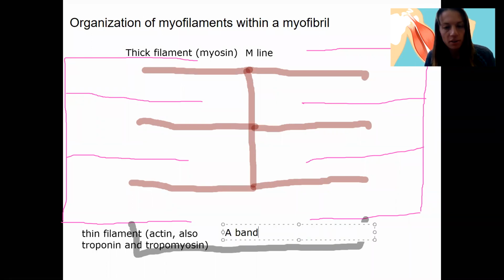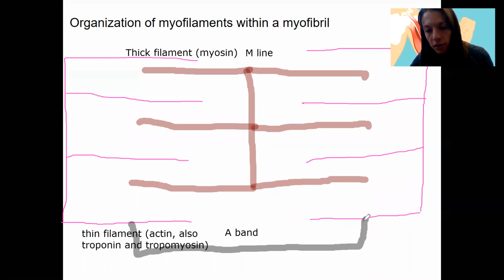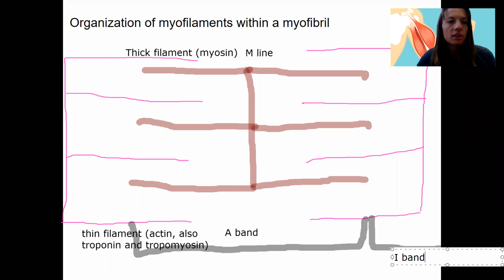This is going to be our A band, regardless of whether there's thin overlap with it or not. There's also this portion where there's only a thin filament. That's about right here, and then it's going to go on to the adjacent sarcomere. So this is going to be our I band.